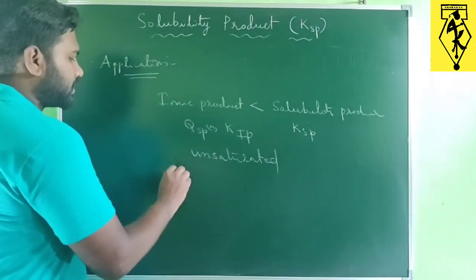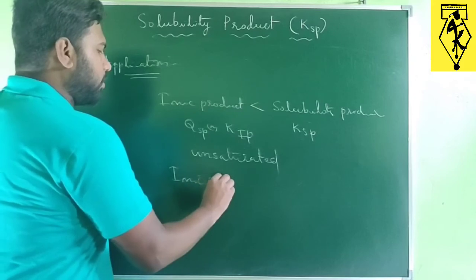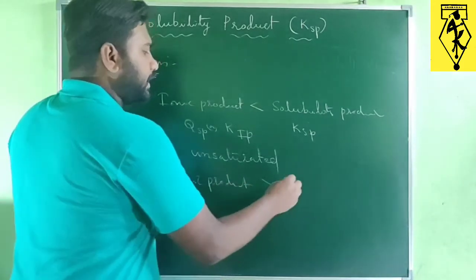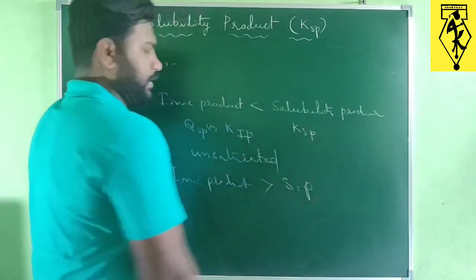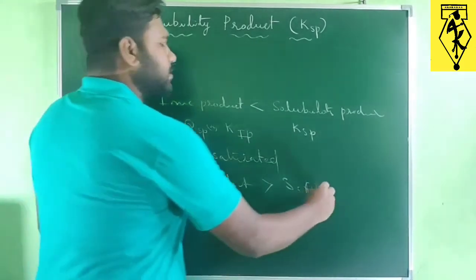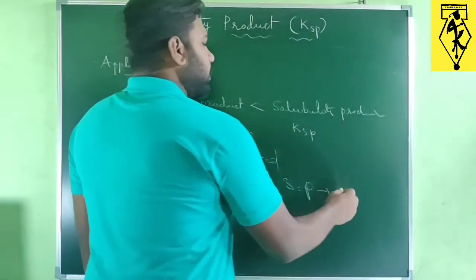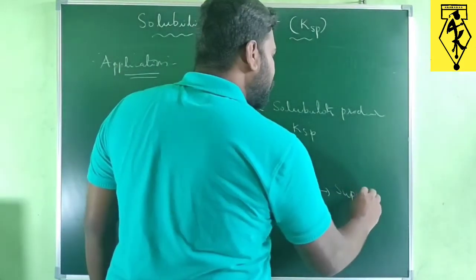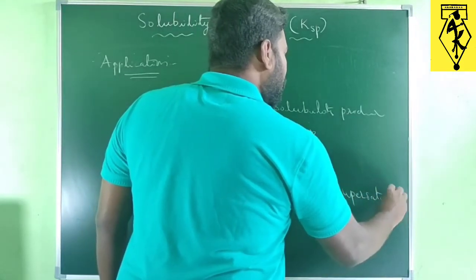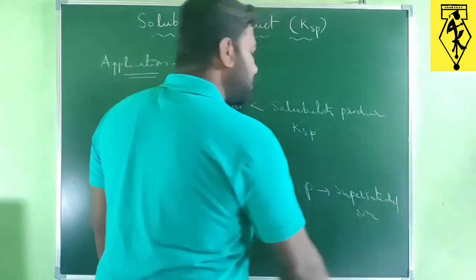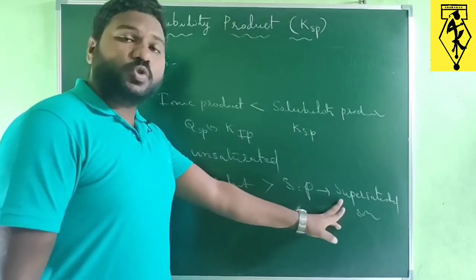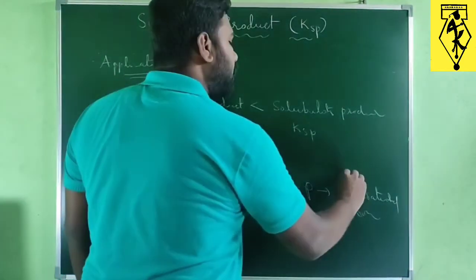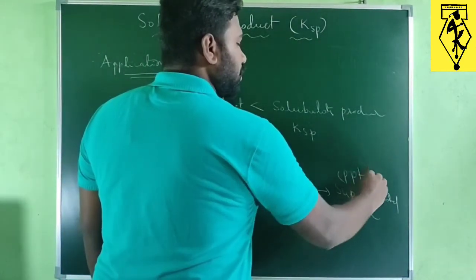If the ionic product value is greater than the solubility product value, then that solution is known as a supersaturated solution. When the solution is supersaturated, there is formation of precipitate.